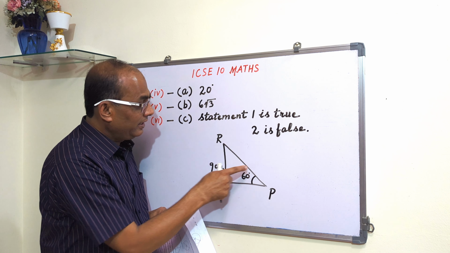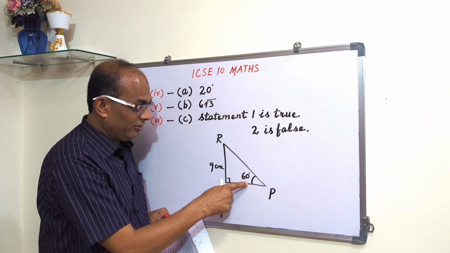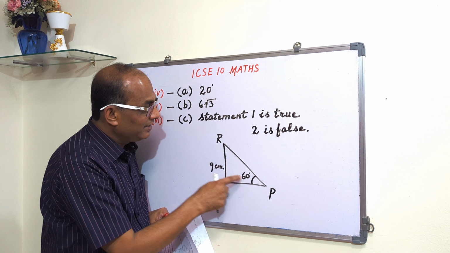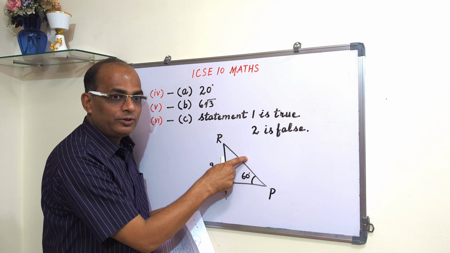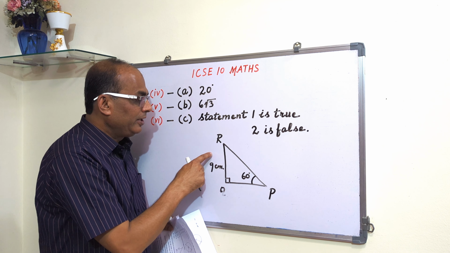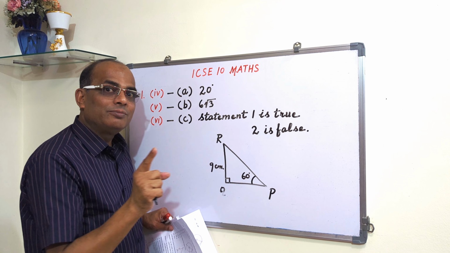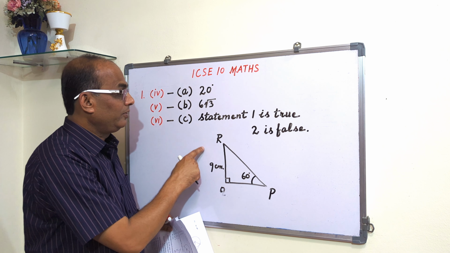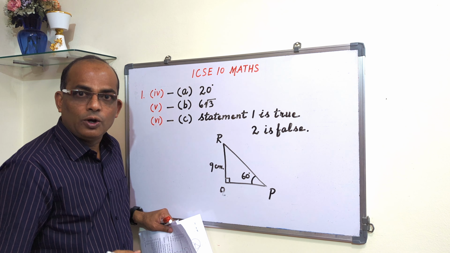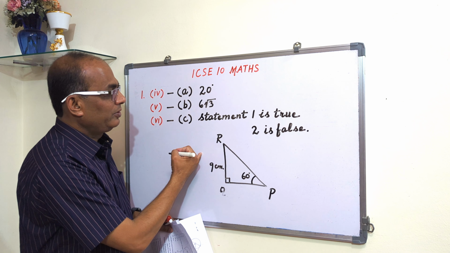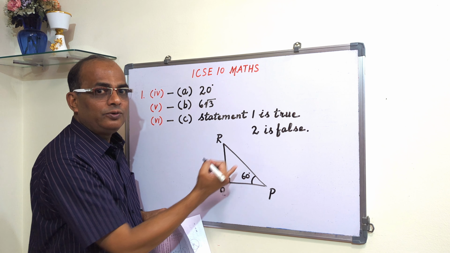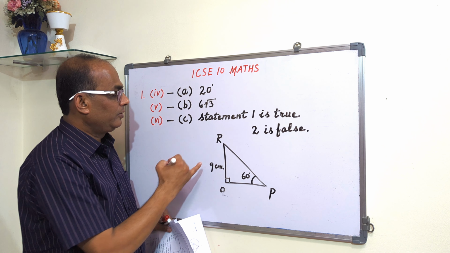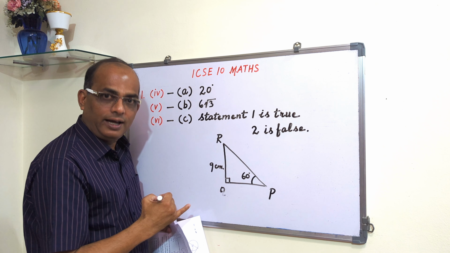So PR has to be there, and the other known side has to be there. For this angle theta, this is perpendicular, this is hypotenuse. So perpendicular and hypotenuse come in sine theta. Sine theta is equal to perpendicular upon hypotenuse, or in terms of opposite, adjacent, and hypotenuse, sine theta is equal to opposite upon hypotenuse.